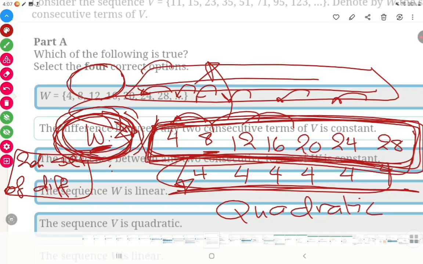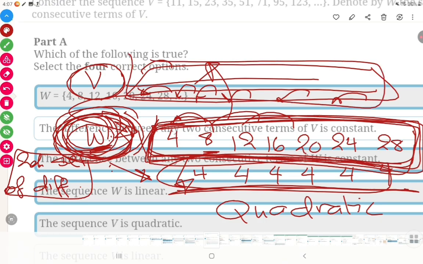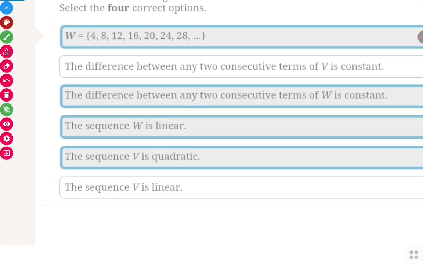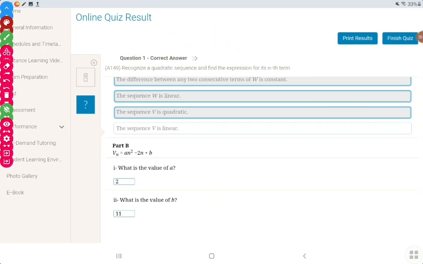We didn't have to do it again, which means that W is linear. But V, the original sequence, is not linear. It was quadratic. W is linear because we immediately got the constant after W. And V is quadratic, we know that.